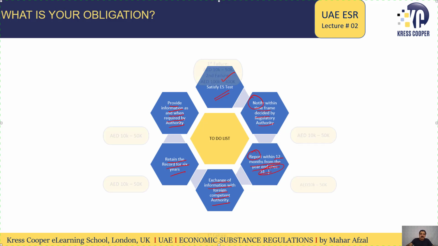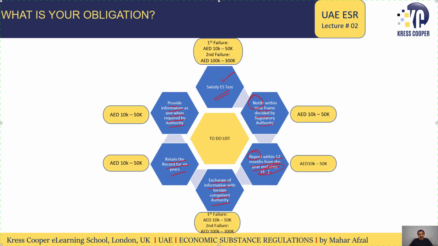So if the licensee is not doing this, then it will be subject to penalties. If licensee is not satisfying the economic substance test in the first financial year, it will be subject to a penalty of 10 to 50,000. In the subsequent year, the penalty will be 100,000 to 300,000 dirham. If the licensee is not notifying, 10 to 50,000 penalty.